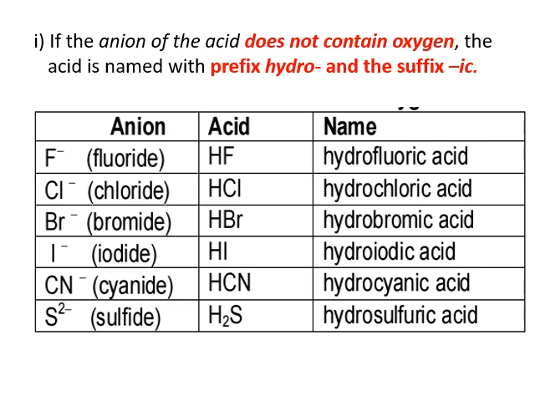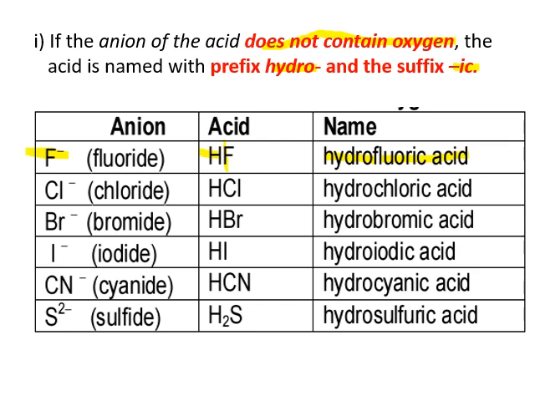If the anion of the acid does not contain oxygen, the acid is named with the prefix hydro and the suffix -ic. So look at this one. There is no oxygen here. With fluorine, or fluoride. If you put H here, there is no oxygen in it, so it becomes hydro, as the H, and then fluoric acid.